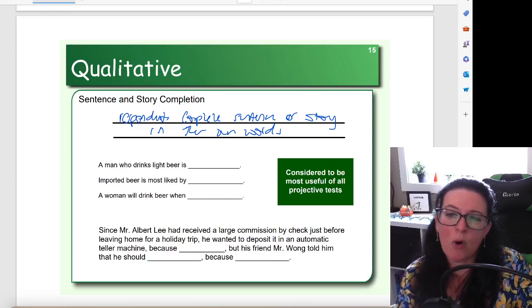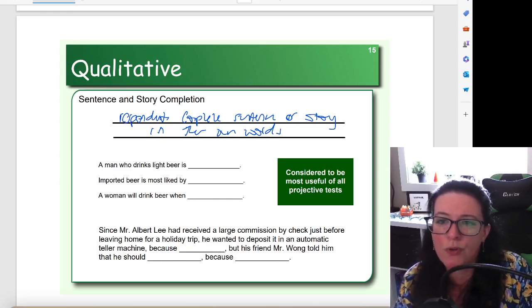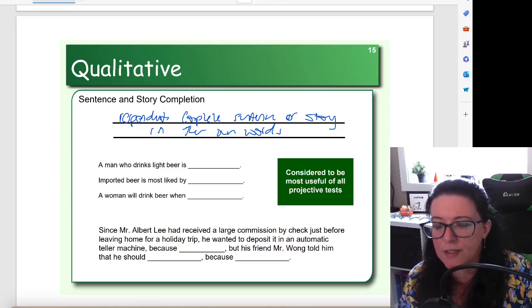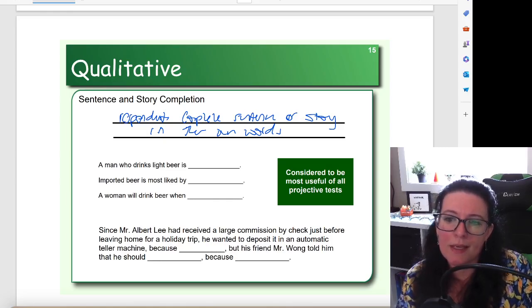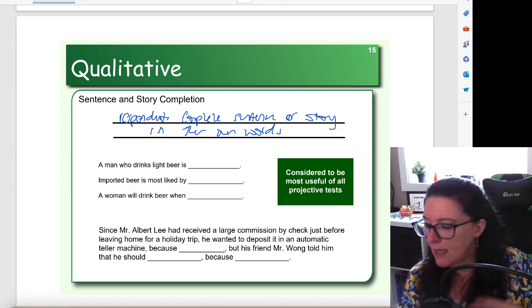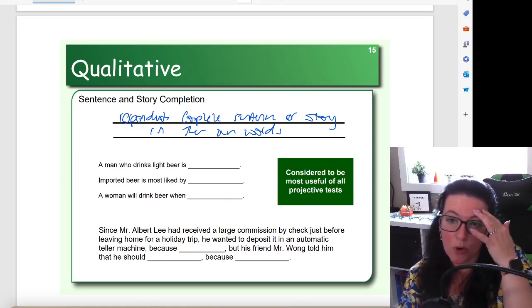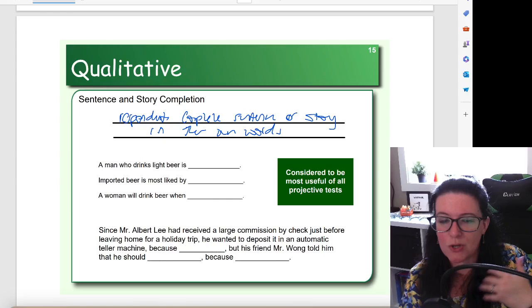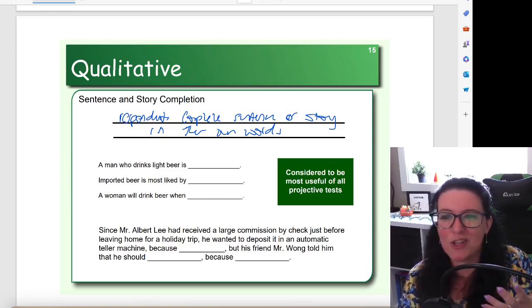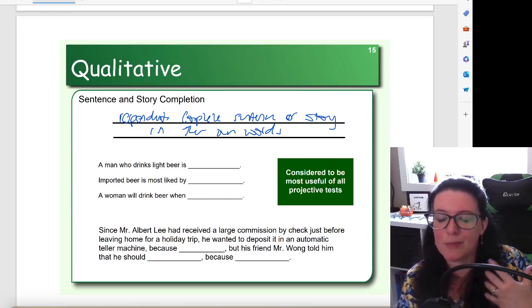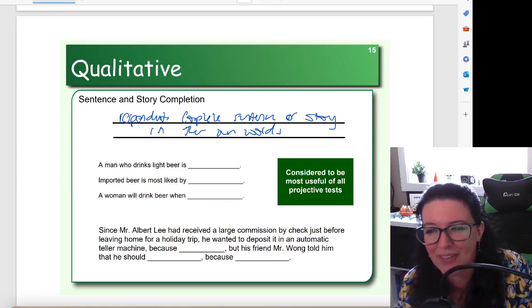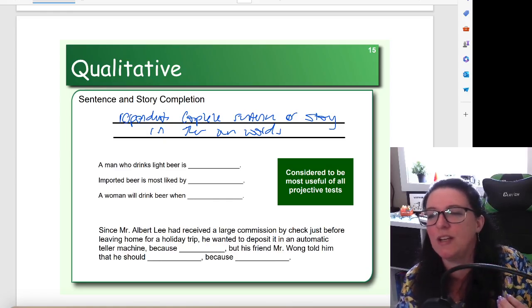And probably the most popular, the most useful in terms of all the projective tests, it's basically giving us more depth, right? That word association, if they just give us a word and we're looking at how quickly they respond, there isn't as much depth to that in terms of interpretation.